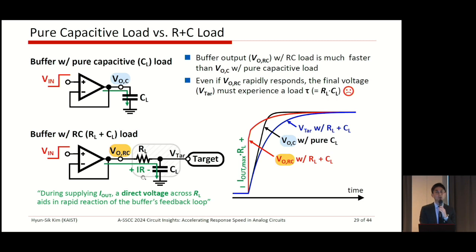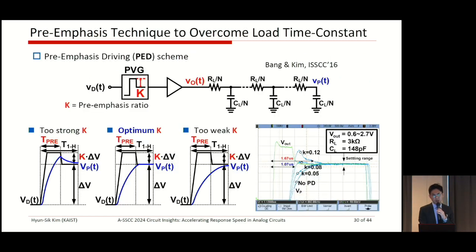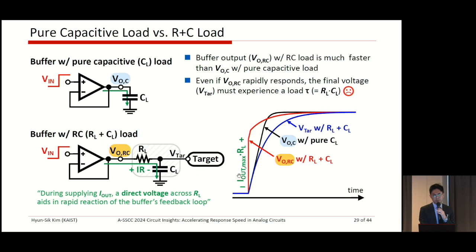Therefore, a large IR drop appears here. This direct voltage across the resistor aids the rapid reaction of the buffer feedback loop. As you see, the red line, the direct buffer output, has a faster response compared with the pure capacitive load buffer amplifier.